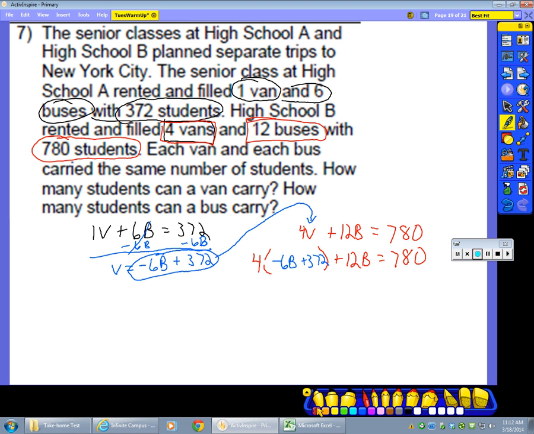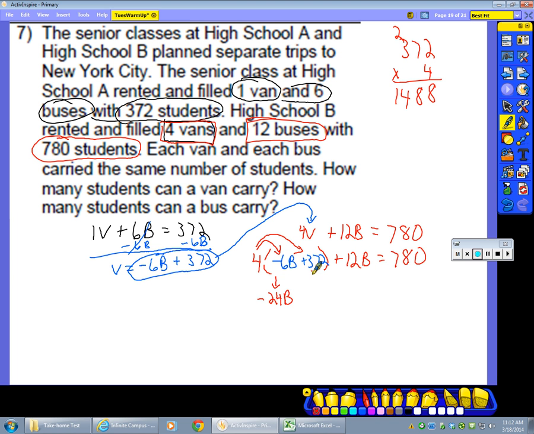I'm going to use the distribution property. 4 times negative 6b is a negative 24b. And 4 times 372: 4 times 2 is 8. 4 times 7 is 28. Carry your 2. 4 times 3 is 12, 13, 14.